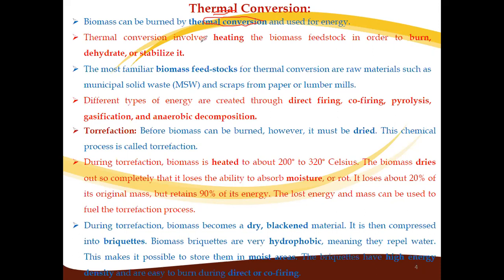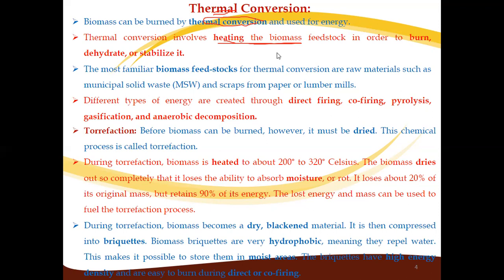Now, thermal conversion involves the heating of biomass feedstock. Biomass feedstock is nothing but the plants, woods, and waste. So thermal conversion involves the heating of this feedstock in order to burn, dehydrate, or stabilize it.